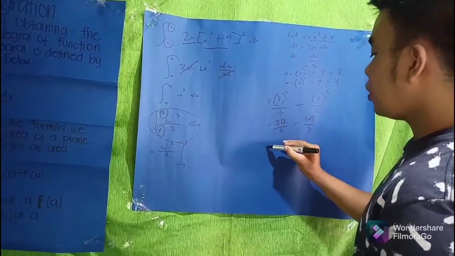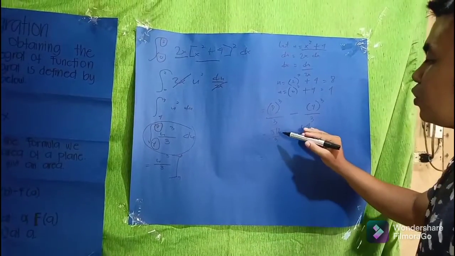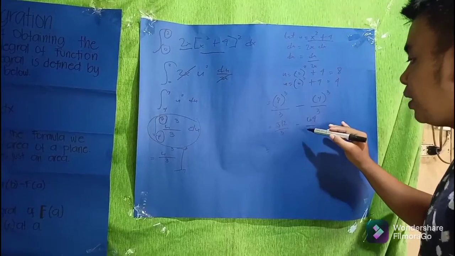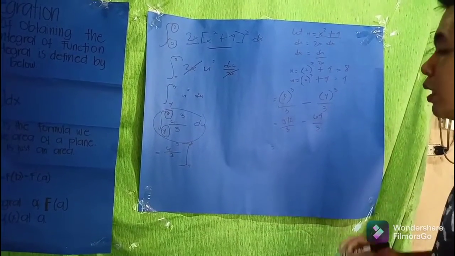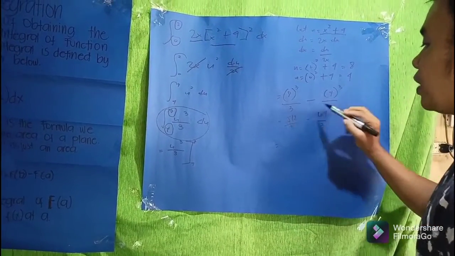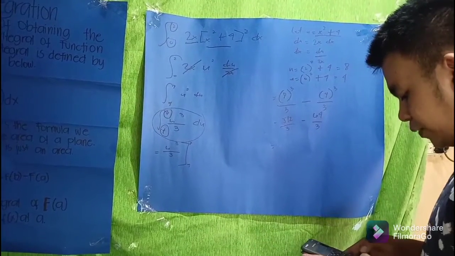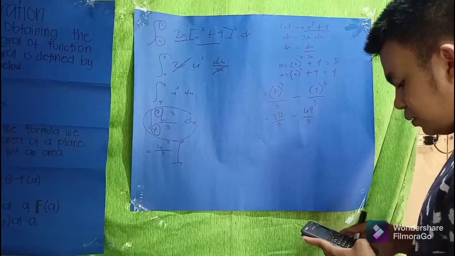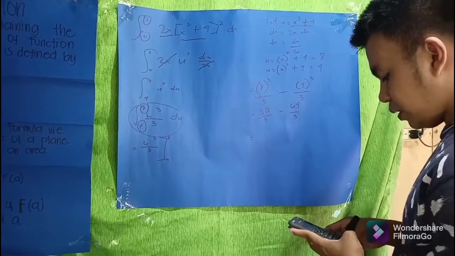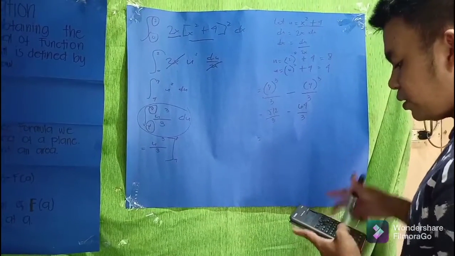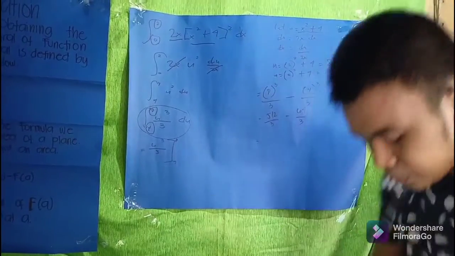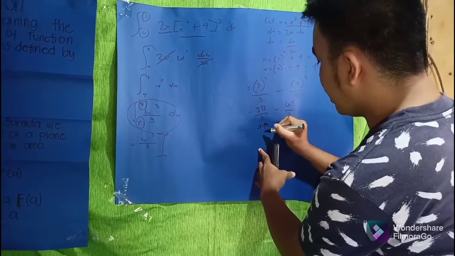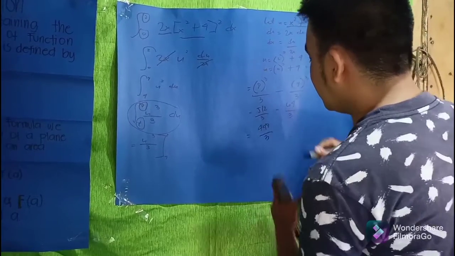Now, to solve this properly, we need to subtract 512 over 3 minus 64 over 3. Now we will subtract 512 minus 64. 512 minus 64 is equal to 448. 448, and copy the denominator.